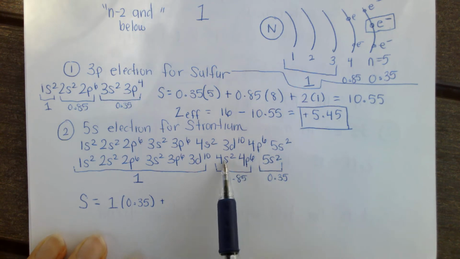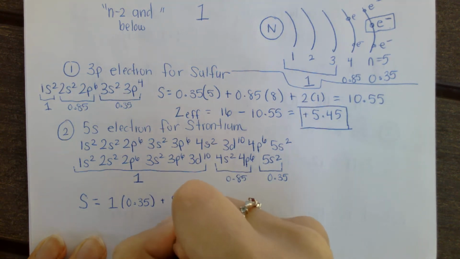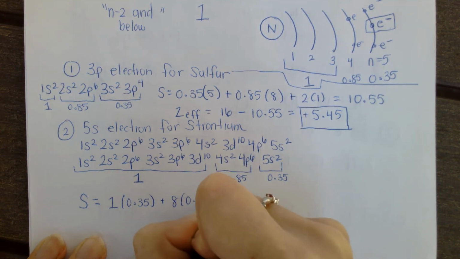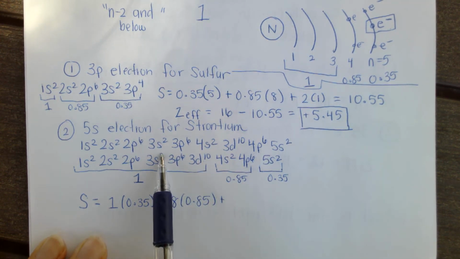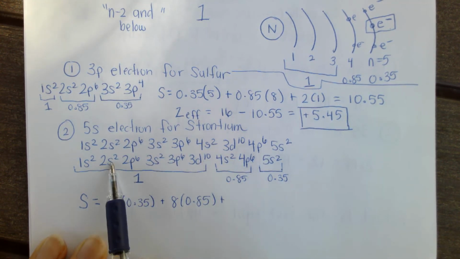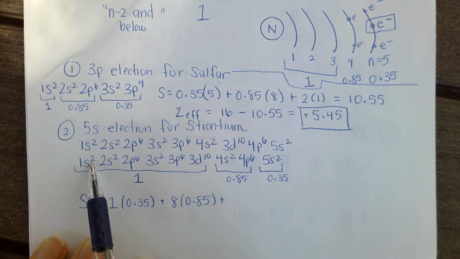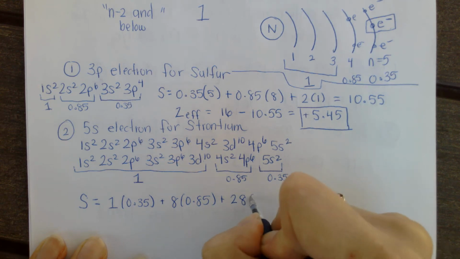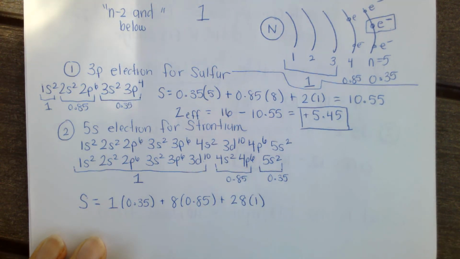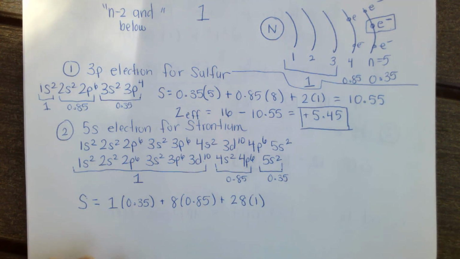Then we have 6, 7, 8. All 8 of those are screening at 0.85. Plus, now we have 10, 16, 17, 18, 19, 20, 26, 27, 28. So we have 28 electrons screening at a full 1 value.